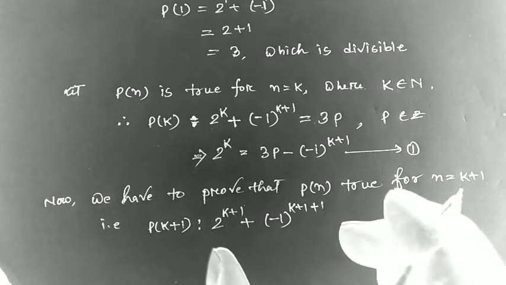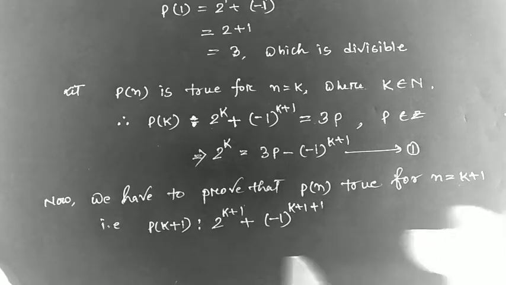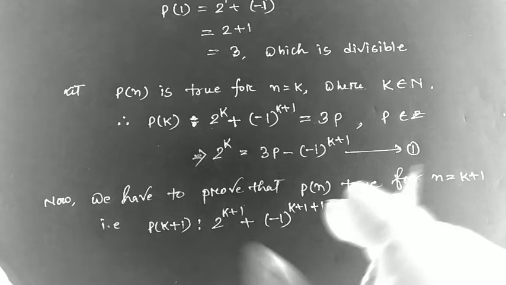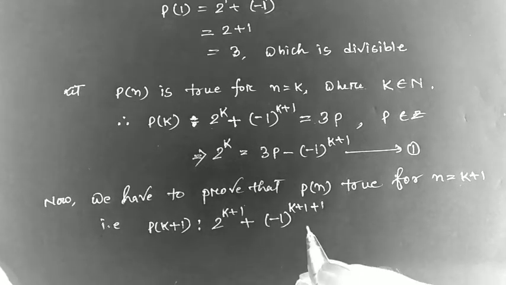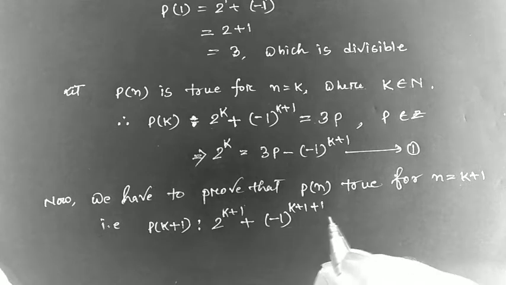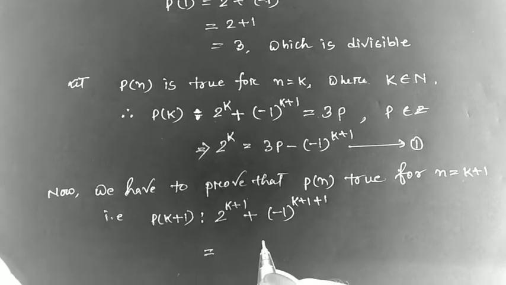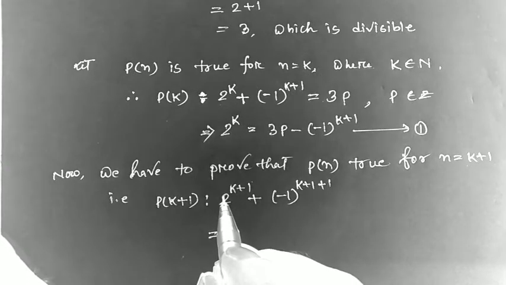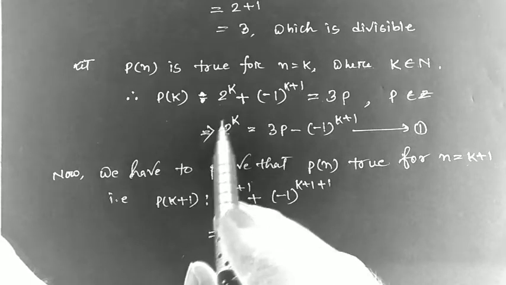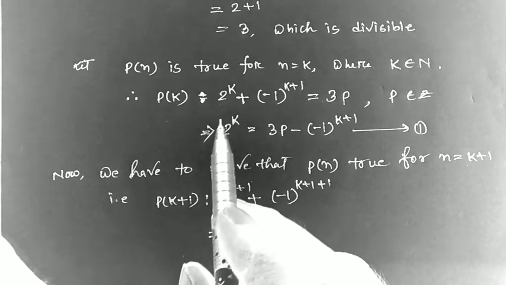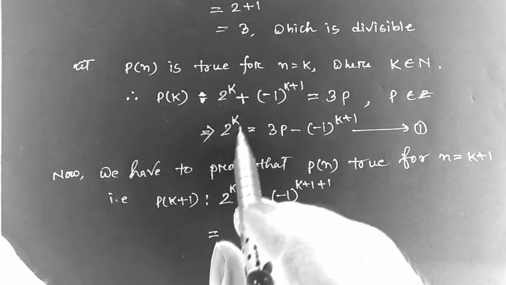That means if we can show this equal to 3 into something, then it will be proved as divisible by 3. So we will write, now in this case we will break the first term in such a way that we get these things, because in equation 1 we have found the value of 2 to the power k.